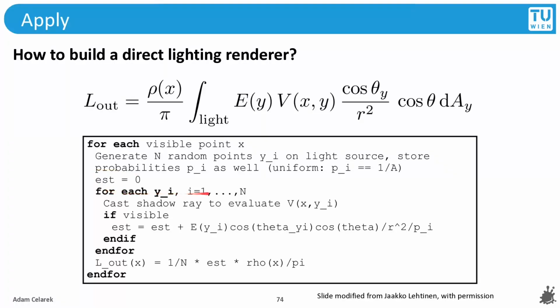Then we iterate over those points. We cast shadow rays. This is the visibility function over here. If it is visible, we increase the estimate by the intensity of the light, the receiving theta, the solid angle, and we divide by the probability. And finally, we divide all this by the number of samples and we multiply it with the color.